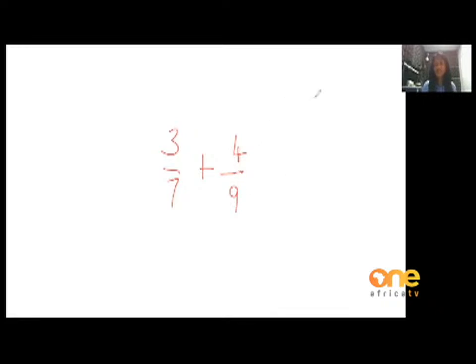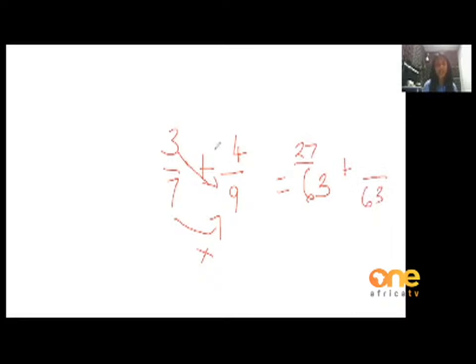Okay, so firstly, the denominators are not the same, and I need to get my denominators to be the same. So what will I do first? First, I multiply 7 times 9, and 7 times 9 is 63. Then I say 3 times 9, and 3 times 9 is 27. Then I say, well, we've got our denominator.